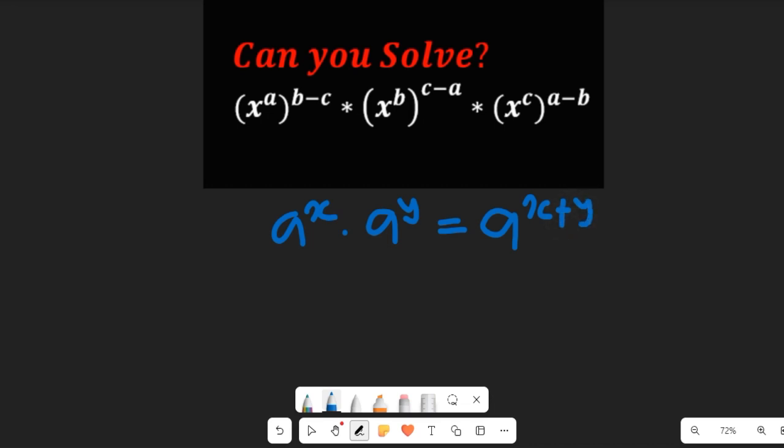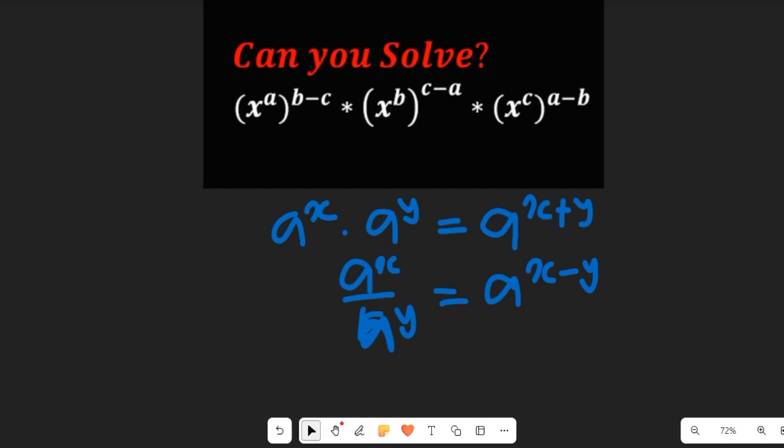Now, the second rule: if I have a to the power of x divided by a to the power of y, the rule says this is equal to the common base a to the power of x minus y, right?